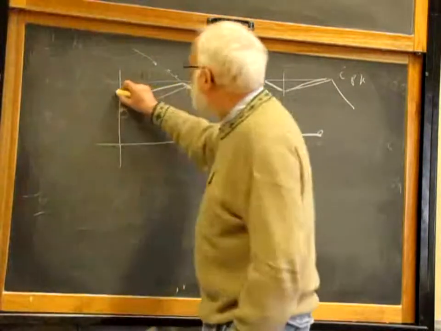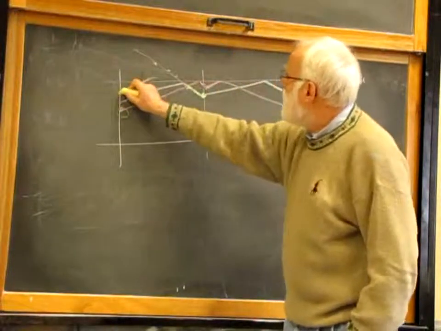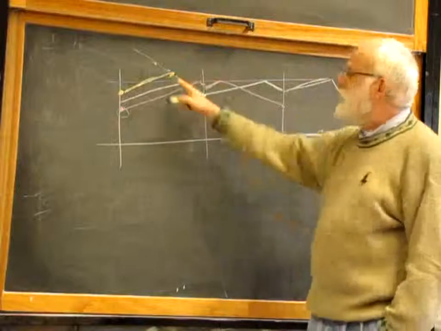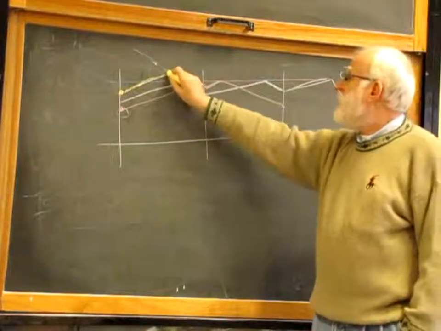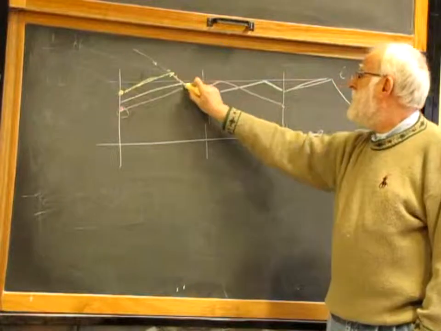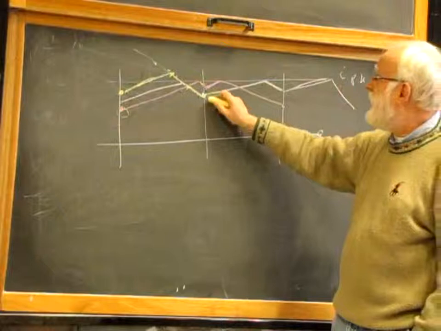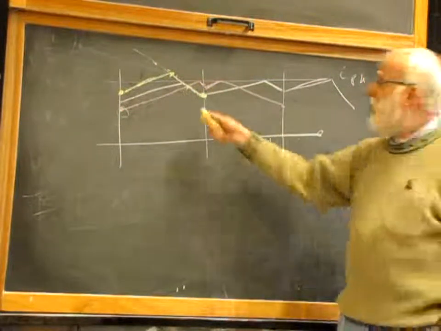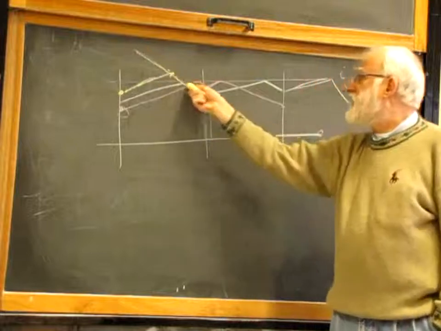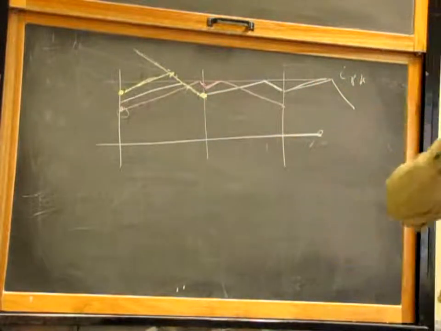If my current started too high over here, it ramps up, and at this point I have to open the switch, because if I open the switch over here, current will come down, still with the same slope, the slope for a buck is negative V naught over L, and will end up at the same point. So if I add a compensation ramp with this slope, I will kill any subharmonic instability in exactly one cycle.